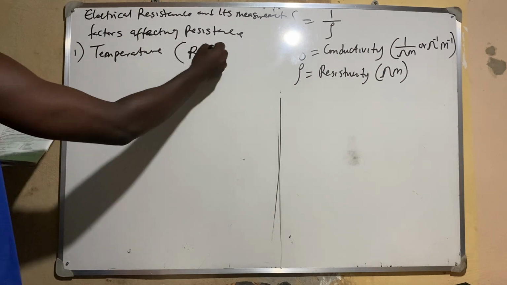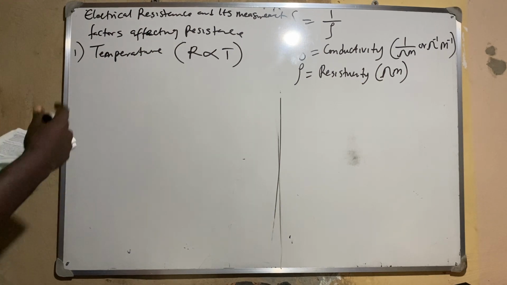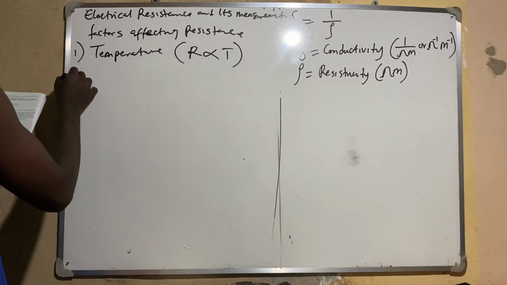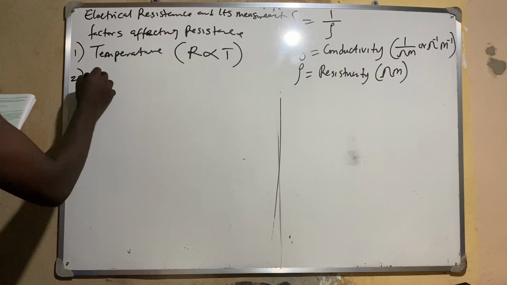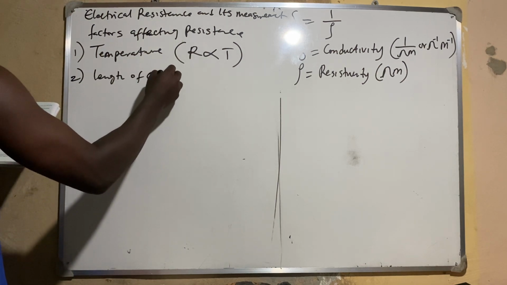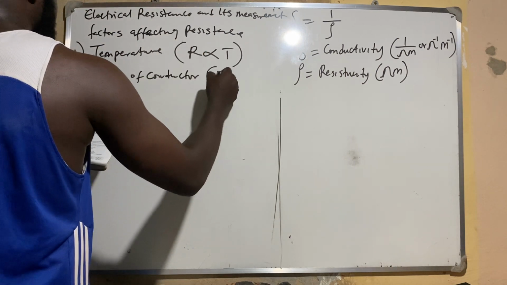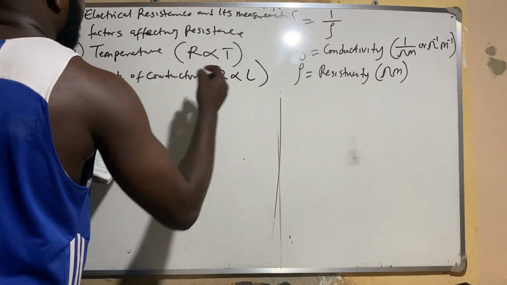Resistance is directly proportional to temperature. So if the temperature of the wire increases, the resistance will increase. Number 2 is the length of the conductor or wire. Resistance is equally directly proportional to length.